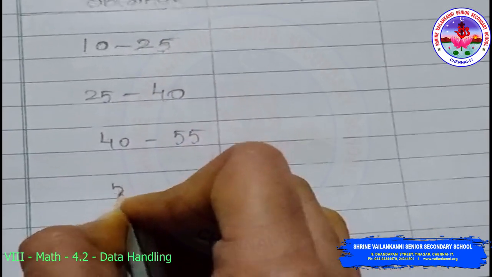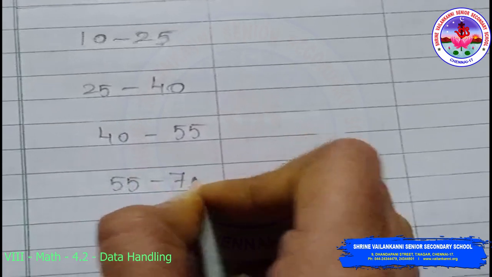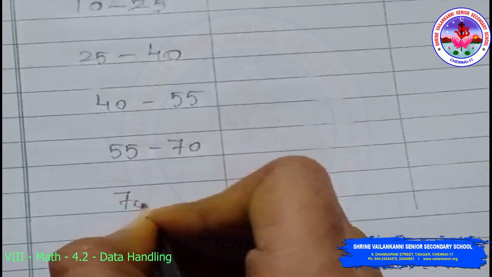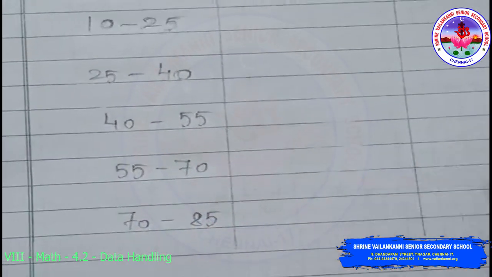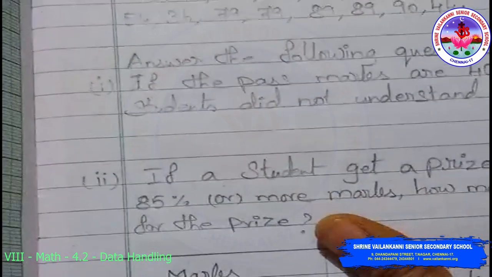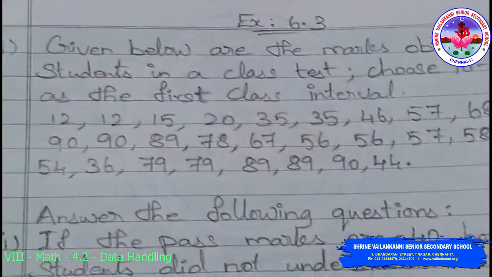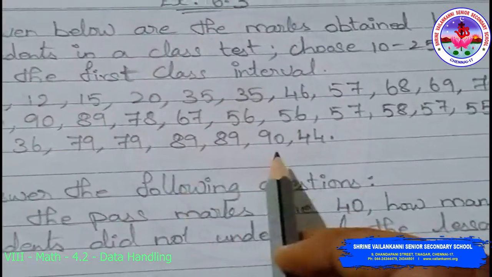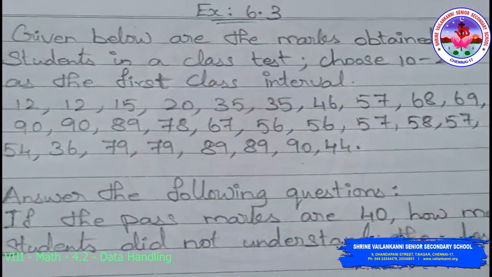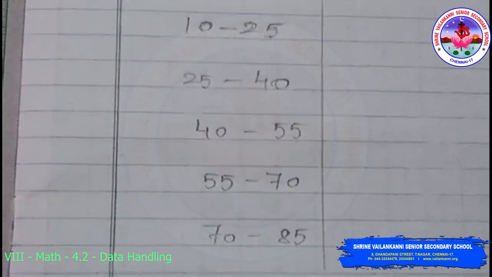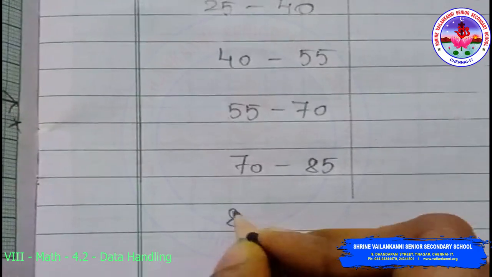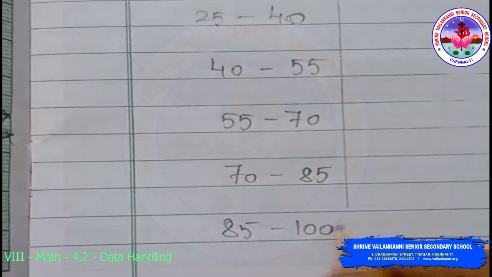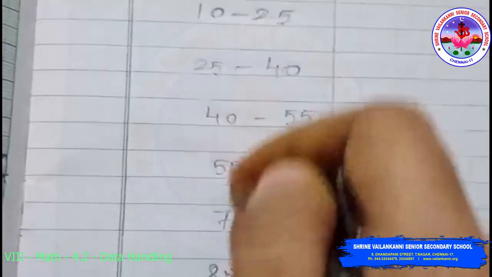Next one is 55 to 70. Next 70 to 85. Here the maximum of the data is 90. So the next 15 is 85 to 100. These are the class intervals.